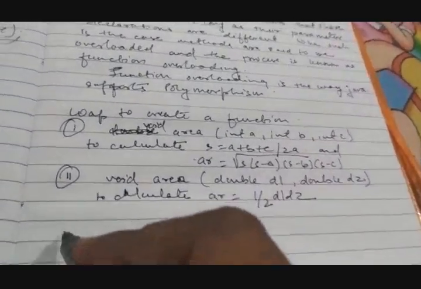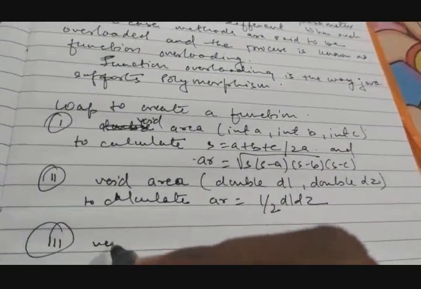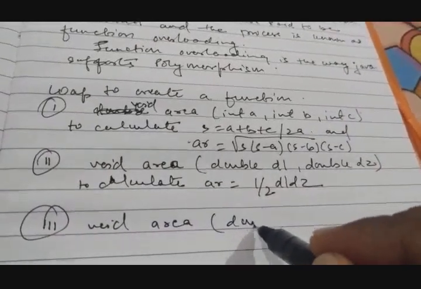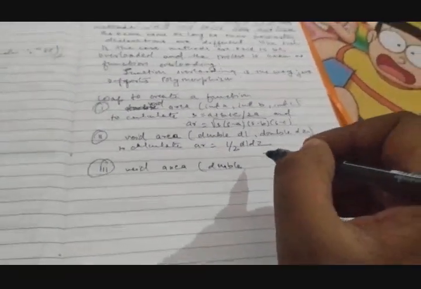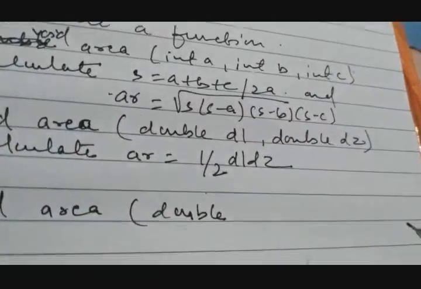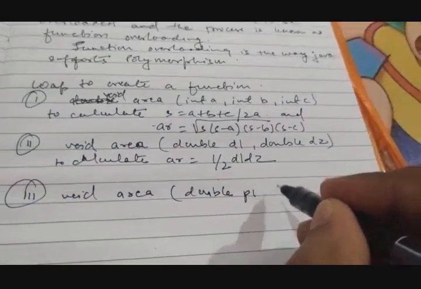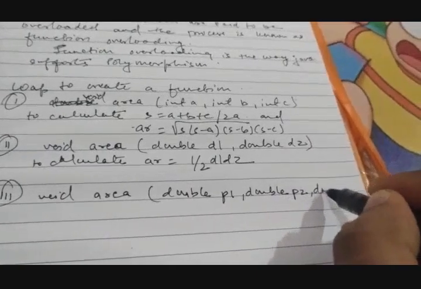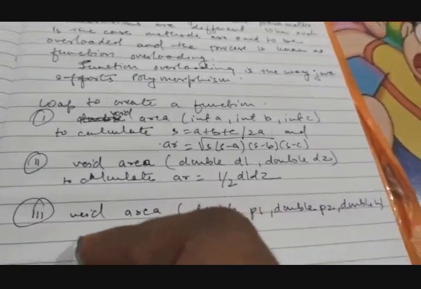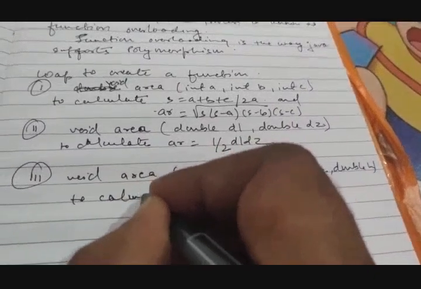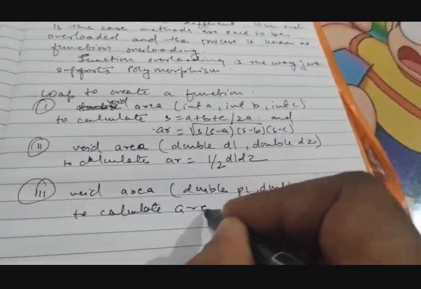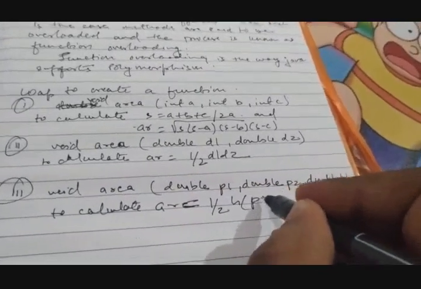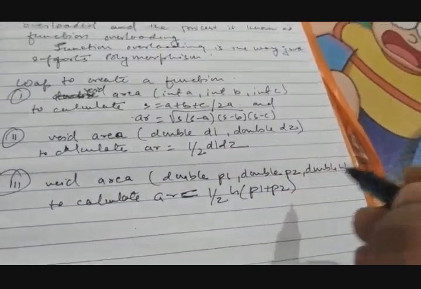And third, void area, double, sum of two parallel sides, no? P1, double P2 and double H to calculate AR equals to half H into P1 plus P2.